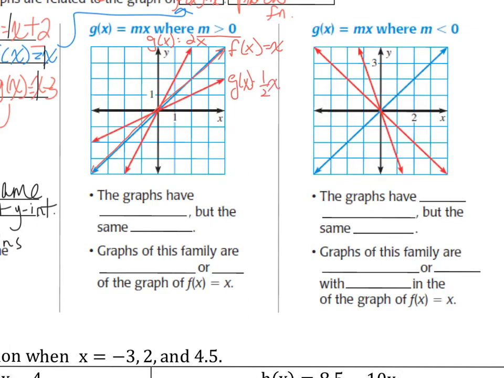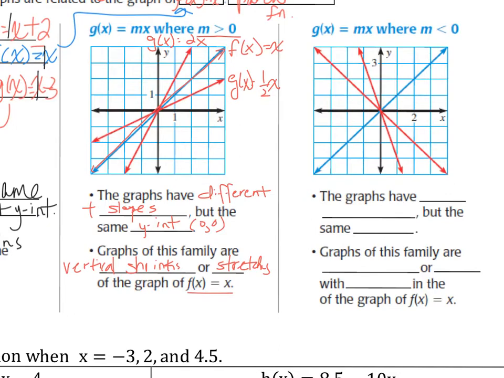I actually can use a different letter here, but let's just make things simple. The graphs here have different positive slopes, but the same y-intercept at (0, 0). Graphs of this family are what we call vertical shrinks or stretches of the graph f of x equals x.